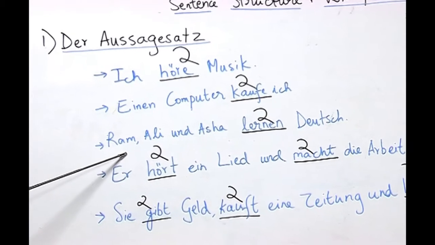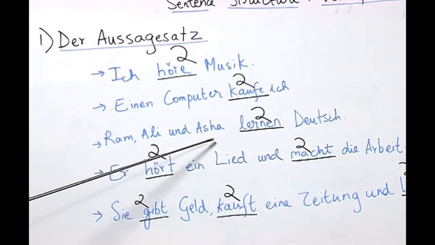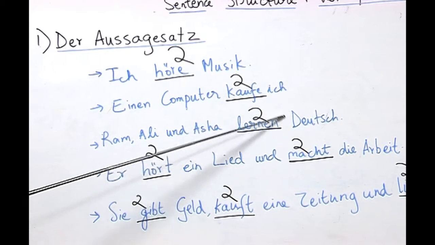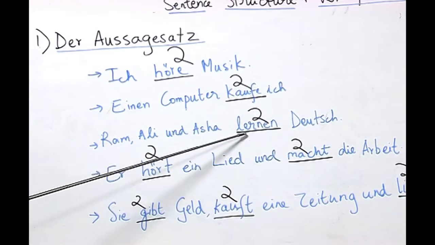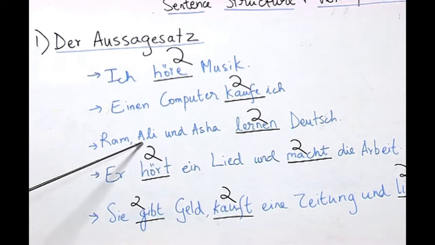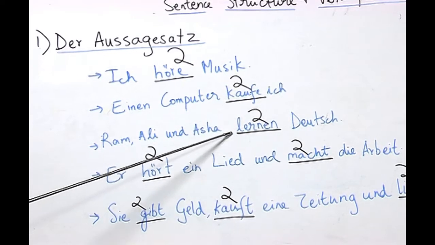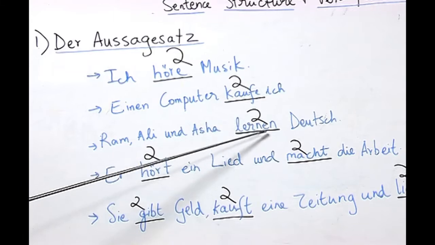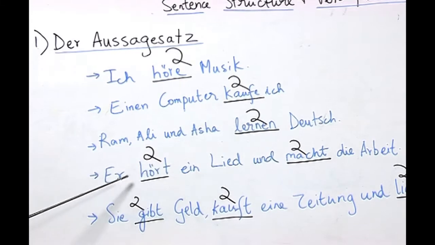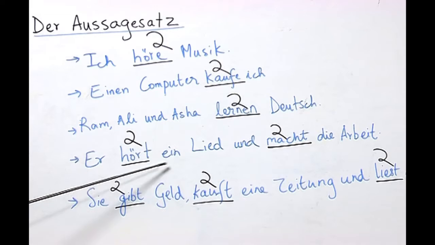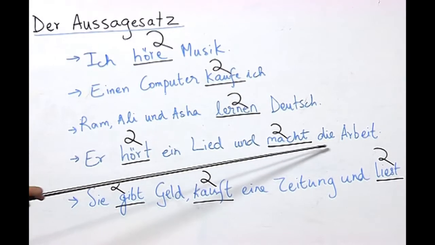If you look at this sentence Ram, Ali und Asha, the verb here also plays a very important role. Here the verb lernen is conjugated because here we have three nouns. So, nouns when they are in plural, they conjugate the verb according to the respective ending. Here we have singular pronouns hört ein Lied und macht die Arbeit.